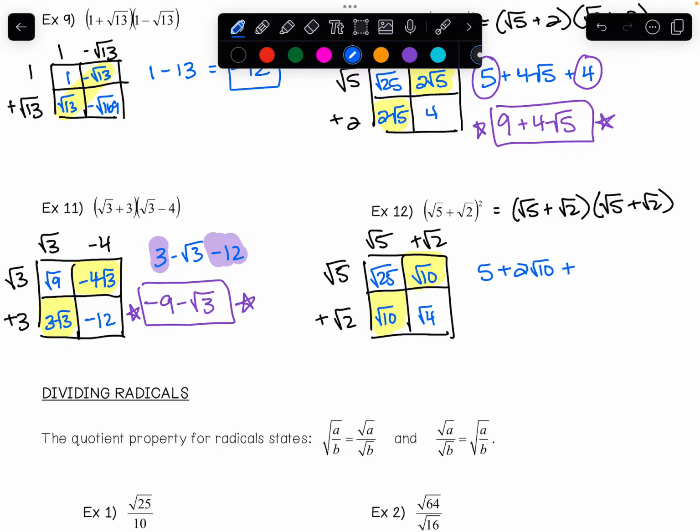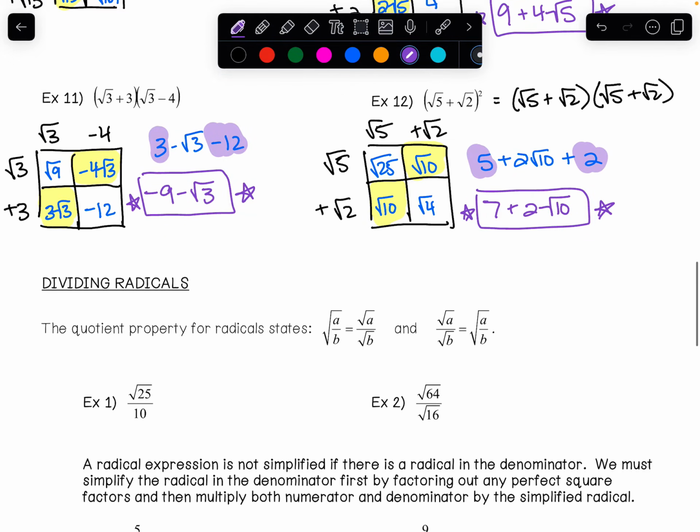What's the square root of 4? 2. Do we have like terms now? Yeah, what's 5 plus 2? 7. So my answer is 7 plus 2 square roots of 10. That is how you multiply radicals.